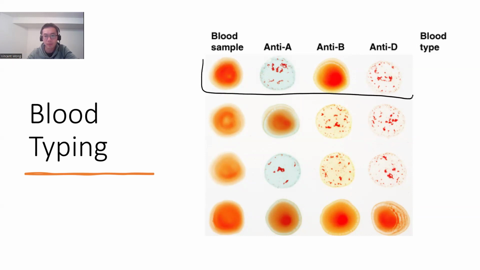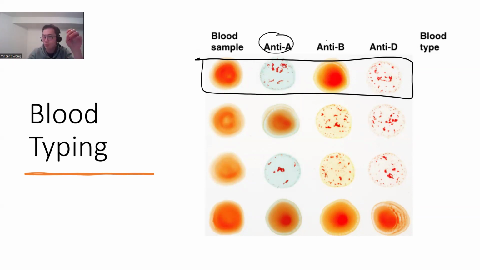This is one person's sample, and these are wells, like little wells on a plastic dish, and the dish is coated with antibodies. I need you to understand this part.